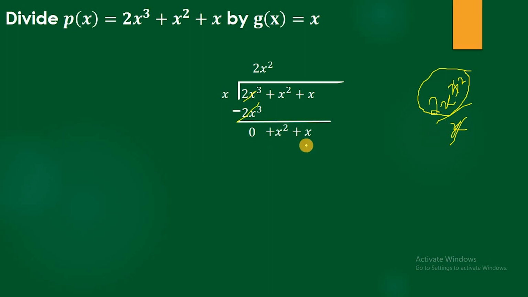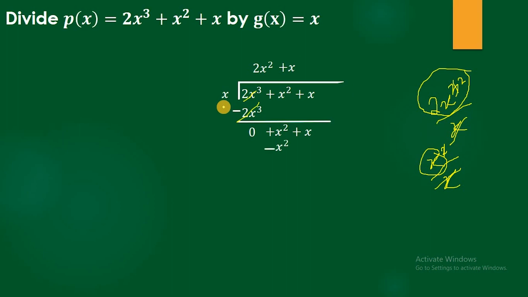Now here the first term is plus x squared. We normally don't write the plus, so we'll take positive x squared divided by x, and x squared and x get cancelled, we are left with x. So we'll write this in the quotient, plus x. When you multiply x with the x, x into x is x squared.